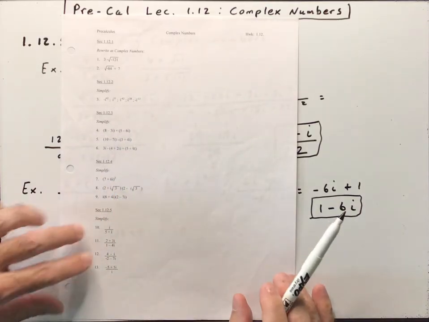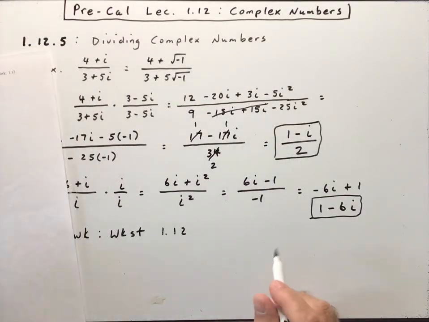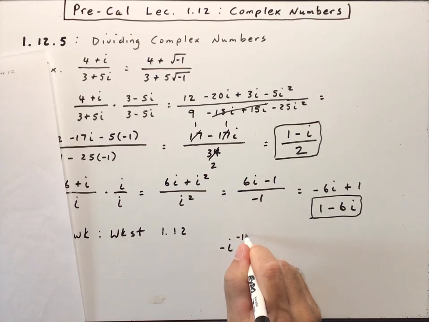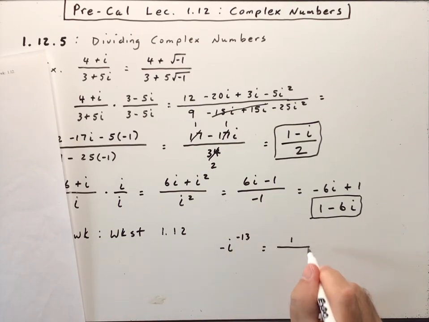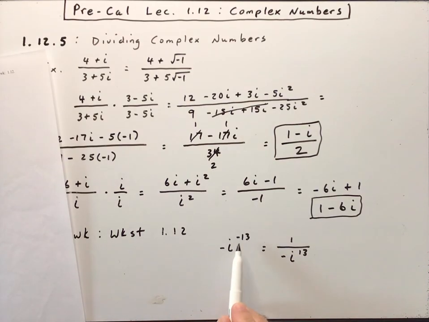And just let me give you a hint on something to a negative exponent. So if I have a negative i to the negative 13, remember that's the same as 1 over negative i to the positive 13. So that would probably be easier for you to think about by making the exponent positive by moving all of this into the denominator.